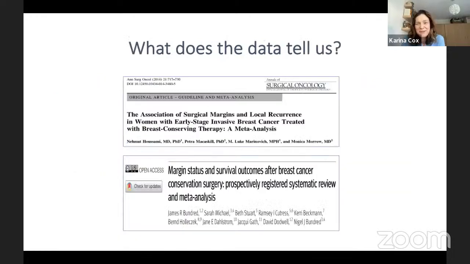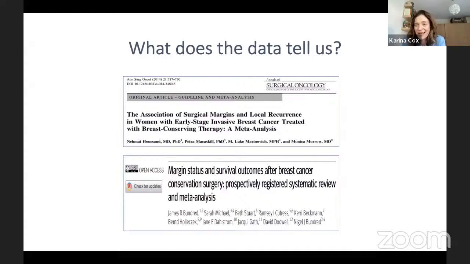But now we get into the interesting bit, I think. So what does the data tell us? Up until recently, the data that's been really guiding most decisions about guidance on margins is the Husseini meta-analysis, and that was published in 2014. But something changed last year.